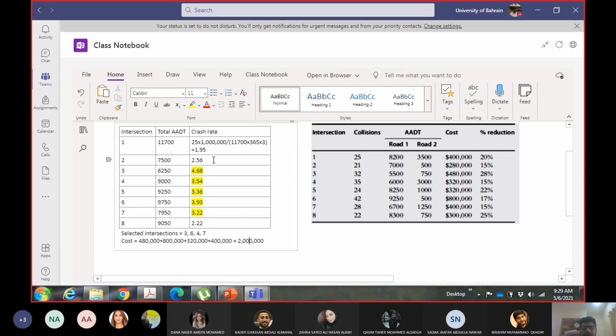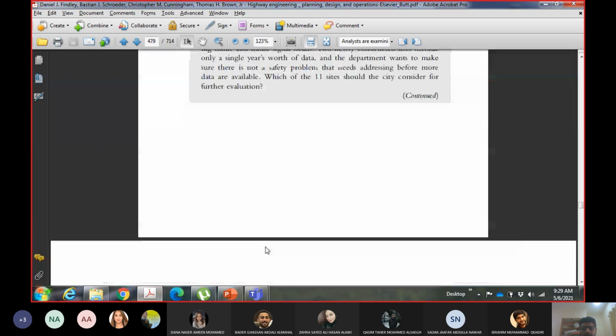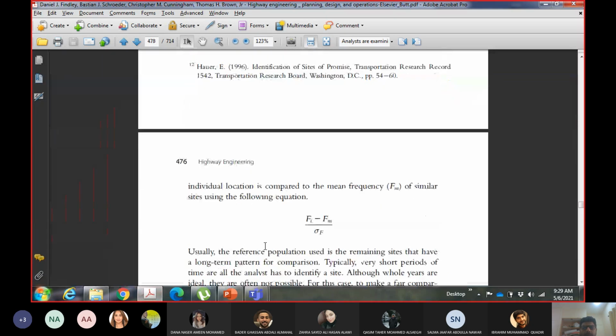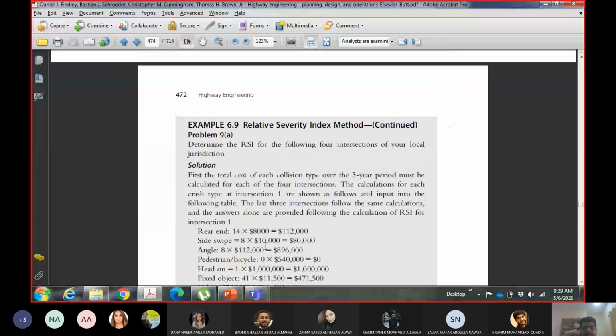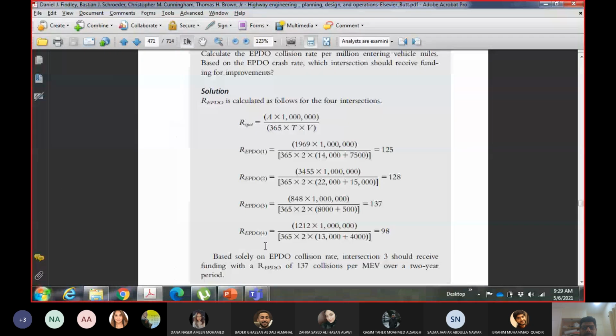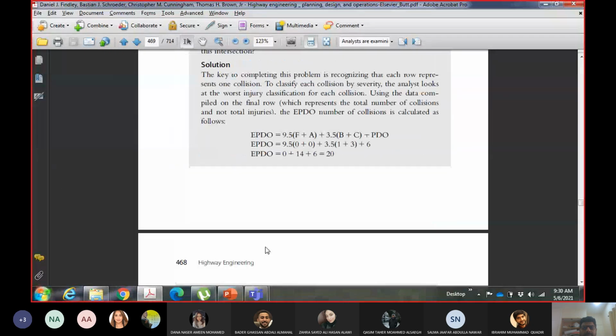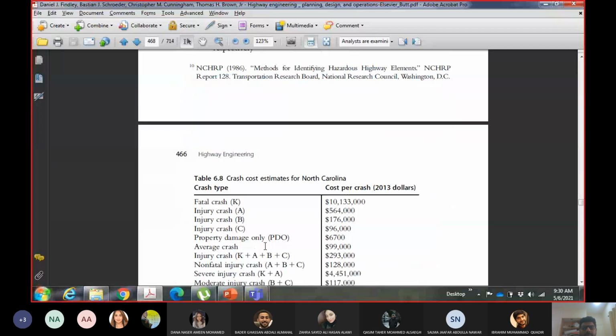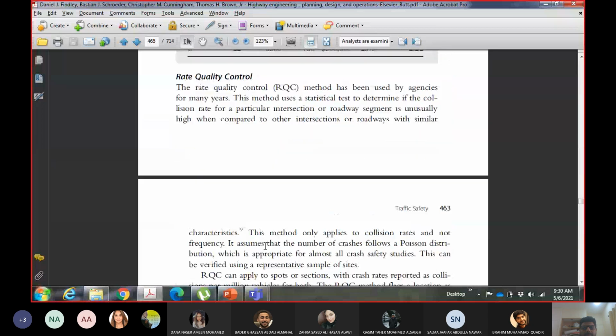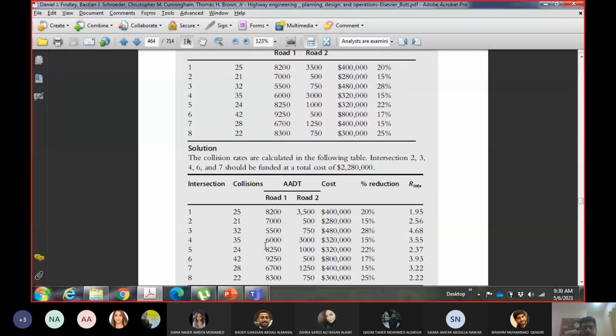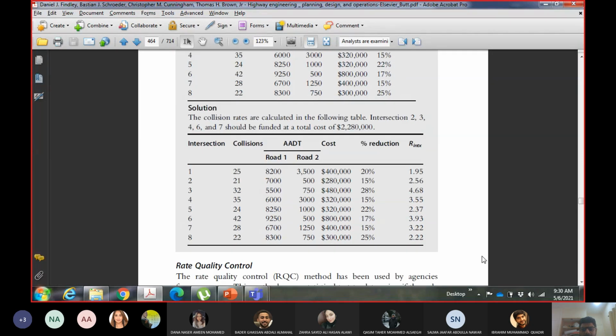Are these rates correct? Because in the book they are getting something different. These are same rates, right?